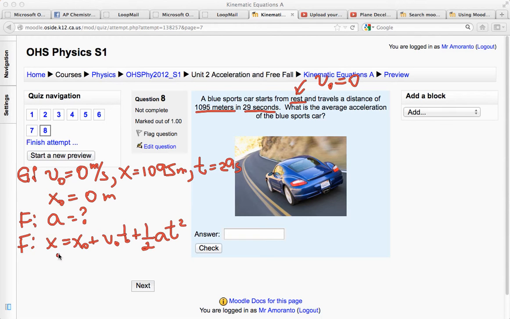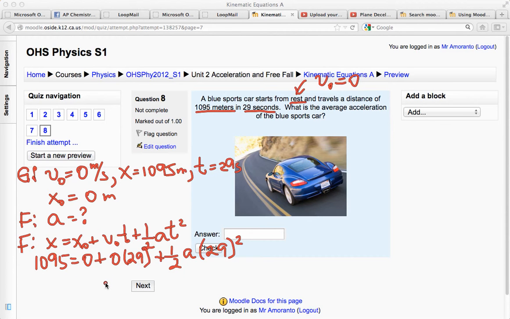So let's walk through that. When we plug in the numbers, 1,095 equals 0 plus 0 times 29 plus 1/2 times a times 29 squared.